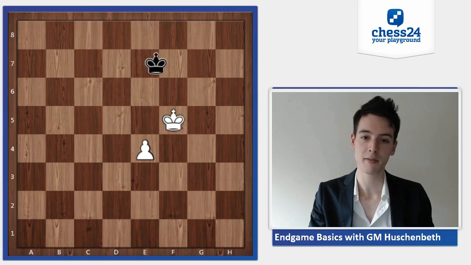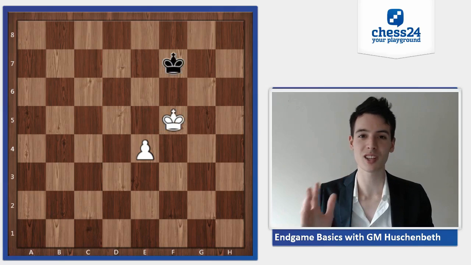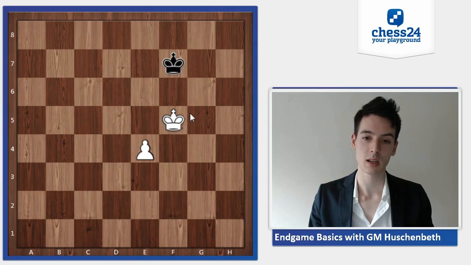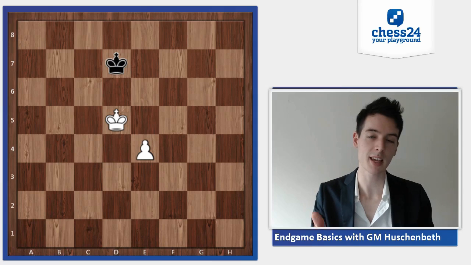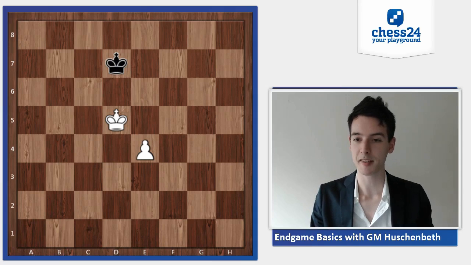King f5, king f7. The black king is just keeping an eye on the white king and not allowing the king to move past, to move by. Same is true in this position if king d5, king d7. There's nothing white can do, and this is called the distant opposition.